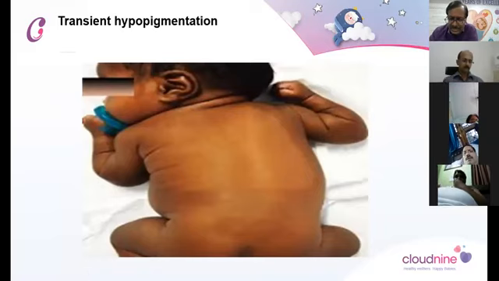I am sure all of you might have come across parents saying that in the first couple of weeks the baby looked fair, especially on the face. Then after a couple of weeks, the baby attains the normal color. And they think it is maybe because of the moisturizers or oil. But that is not the case. Some of them may be just a transient hypopigmentation. The baby may look fair.